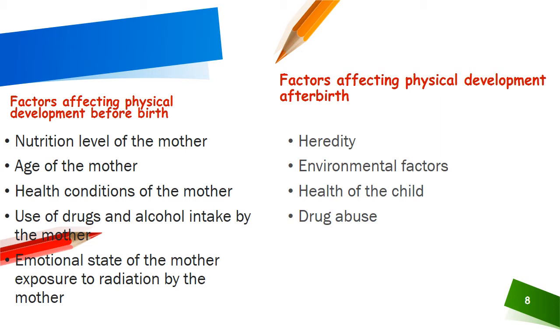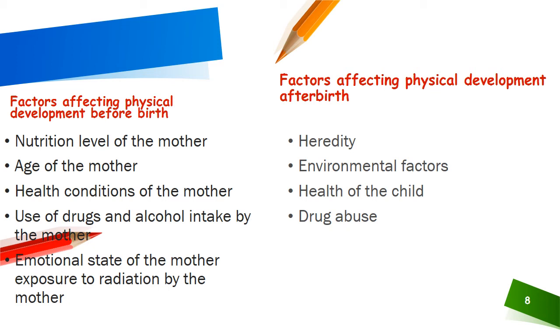If the pregnant woman is too young or too old, this can affect the development of a child simply because a young pregnant woman is still developing, so her bones are not strong, and just imagine you're developing and then you have something developing in you.